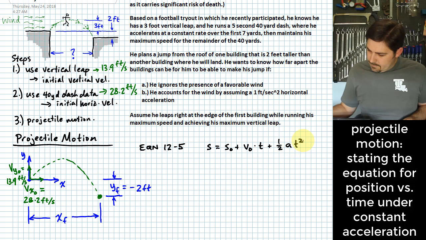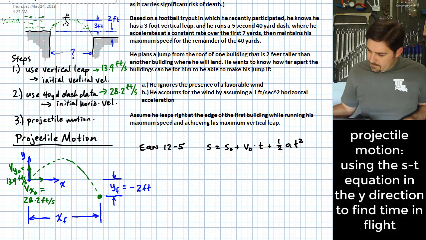How do we plan to use it? Well, in the vertical direction, it doesn't matter whether or not we have the wind. The wind does not affect what acceleration happens in the vertical direction. So for that reason, we should be able to look at this path and find how long it takes for him from his takeoff point to the point where he lands. We can use an equation like this to calculate that time. Here's how we do that.